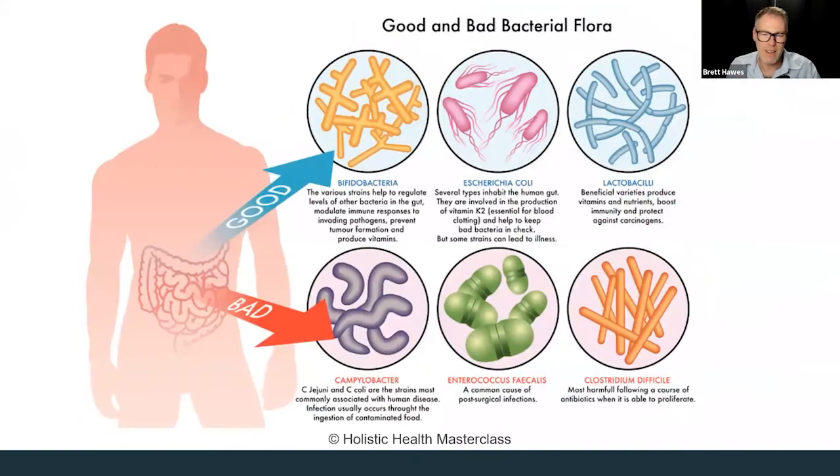Real quick slide here. I really don't have too much to say, especially because I'm talking to health professionals here. We've got quote unquote good bacteria, and I don't like to use the word bad bacteria. I prefer to use the word opportunistic bacteria, right? So there's a reason why we're born with candida. There's a reason why we're born with these so-called pathogenic bacteria.